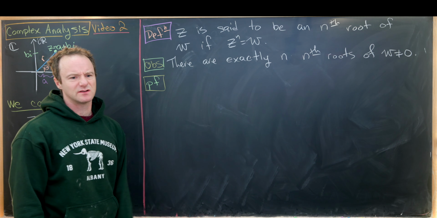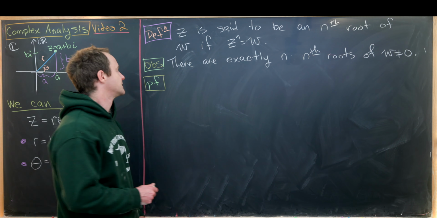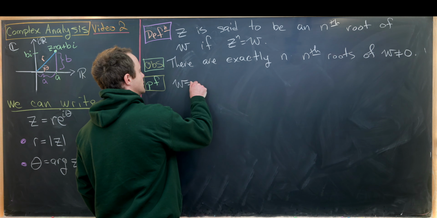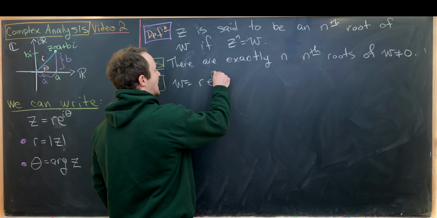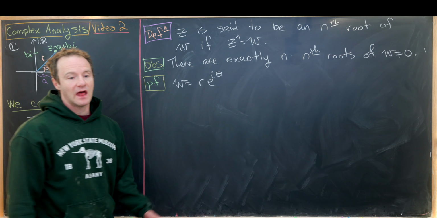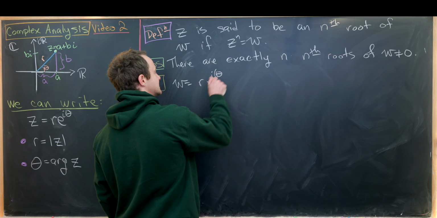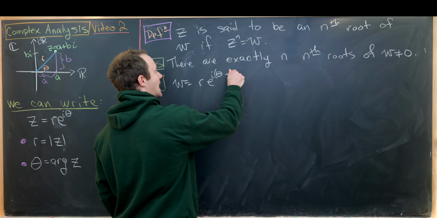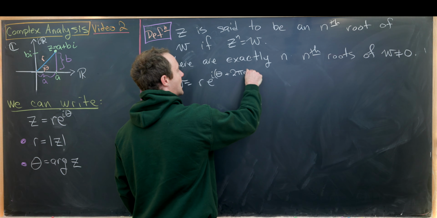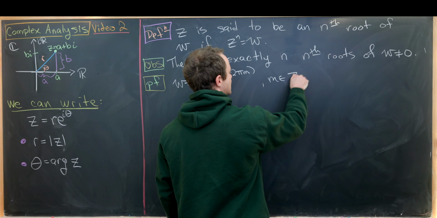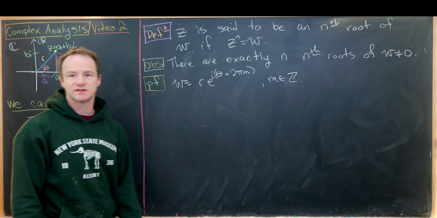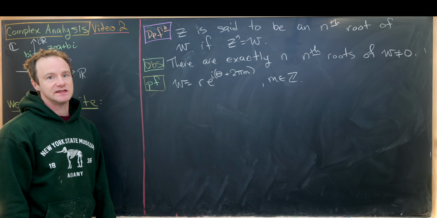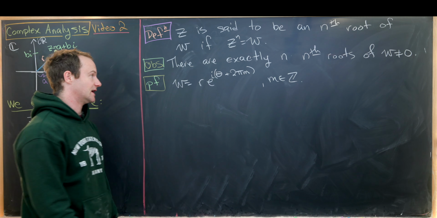So let's do a little sketchy proof of this. So we'll start by writing w as r e to the i theta. And notice that we can change this to, instead of i theta, i theta plus 2 pi m, as m ranges over all integers. Again, given the periodicity of cosine and sine.